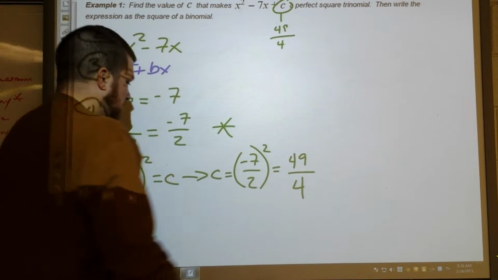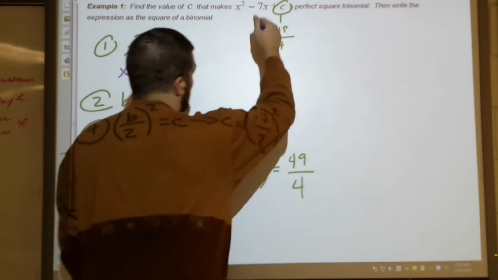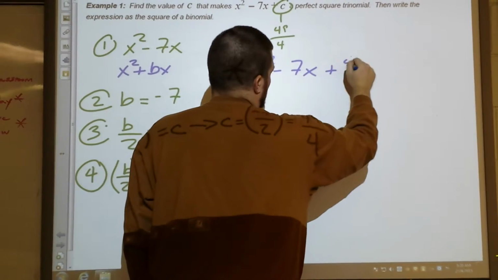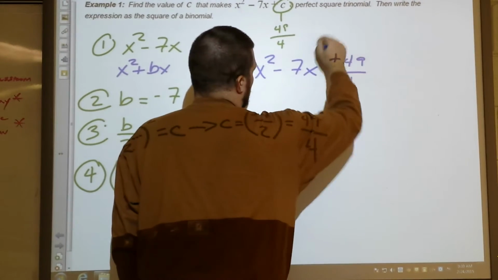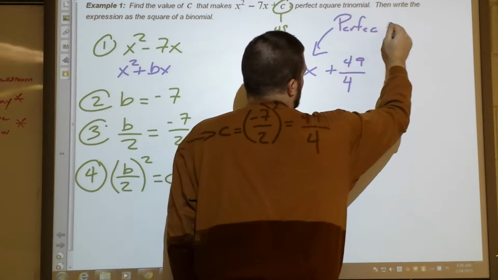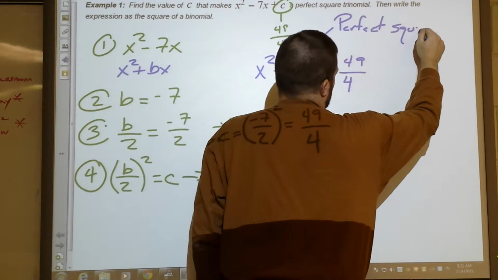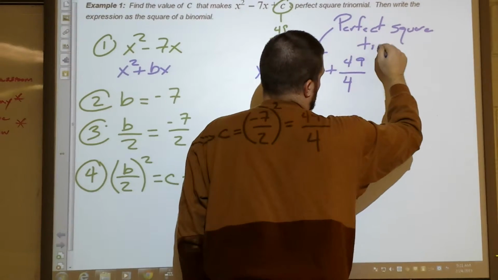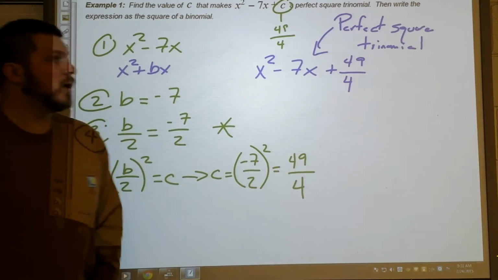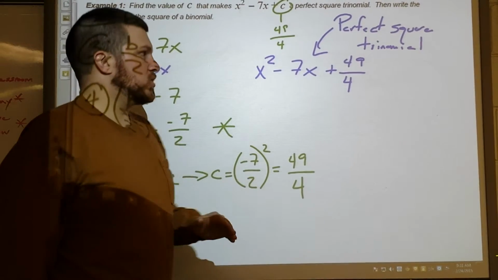So where we're at in the problem is this trinomial becomes x squared minus 7x plus 49 over 4. This is now a perfect square trinomial. Once you complete the square, that's what you make, is a perfect square trinomial.